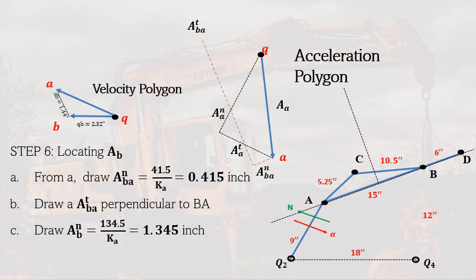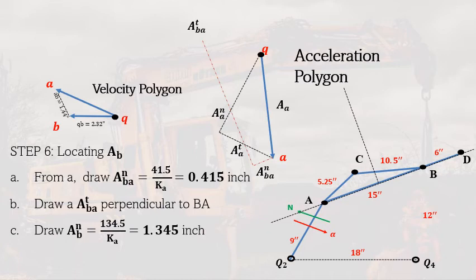And we will draw also the acceleration of B normal, which we also computed a while ago, and that is 1.345 inch. So we know that the acceleration of B normal has a direction towards the axis of rotation of B, right? Same with A. So now the absolute acceleration of B has a normal component towards Q4.